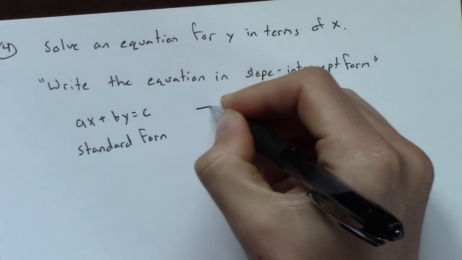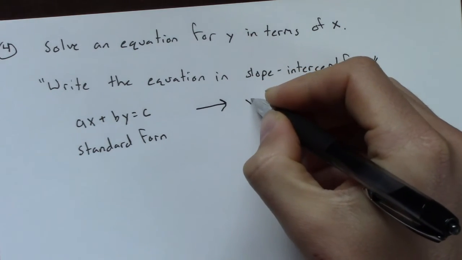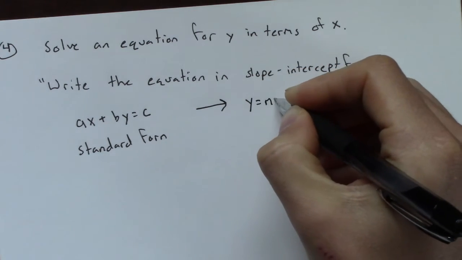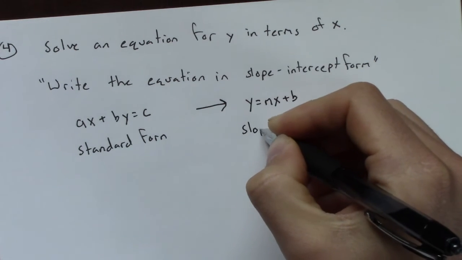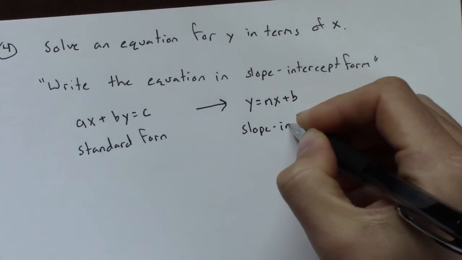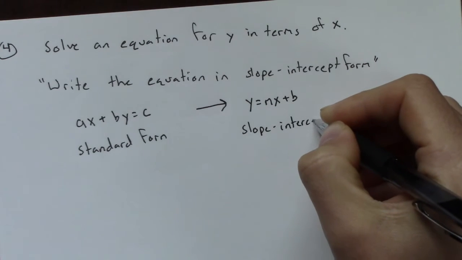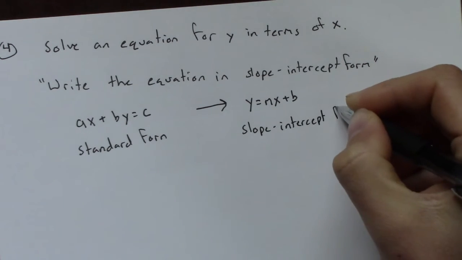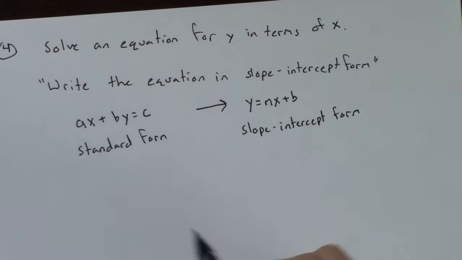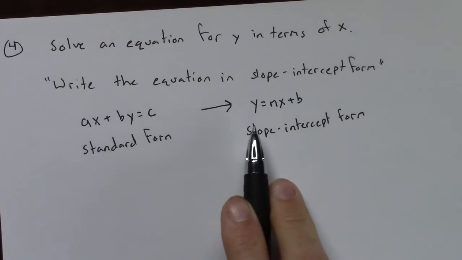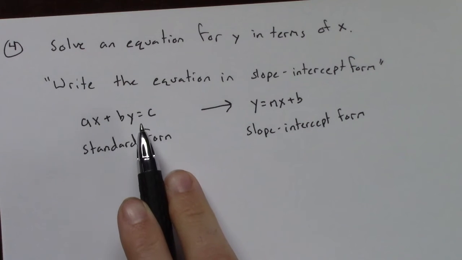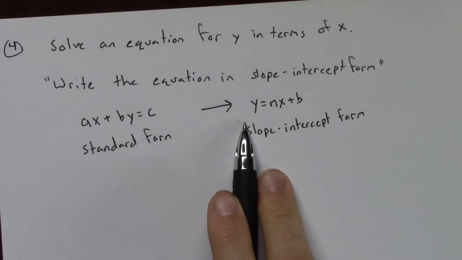And our goal is to turn that into this form, y equals mx plus b, which is called slope-intercept form. And all we're wanting to do is do some algebra steps in order to get y by itself, because as I look from the left-hand side to the right-hand side, all that changes is y is by itself.